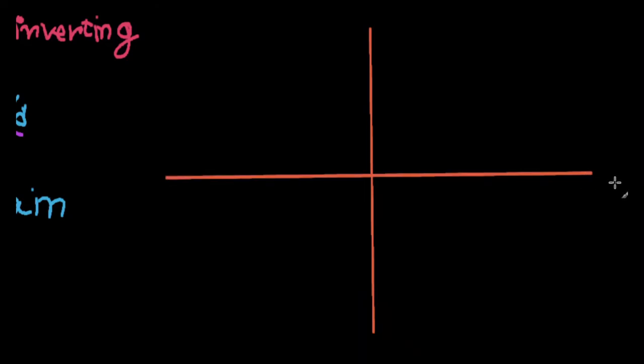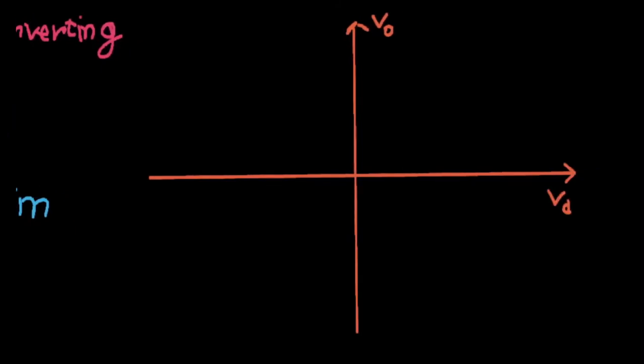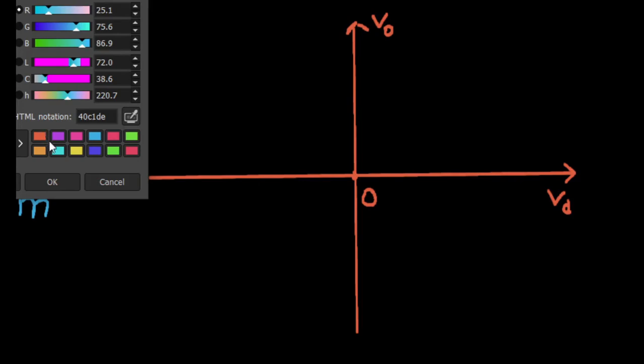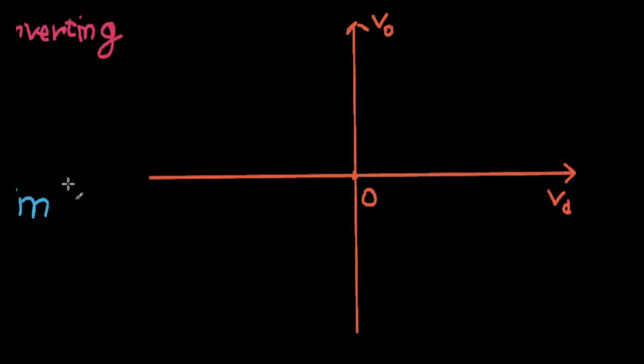So if this is your V sub 0, and this is your V sub d, and you have your origin 0 here, it is true that in the neighborhood of the origin, this is in fact linear, a positive sloping straight line, as expected.